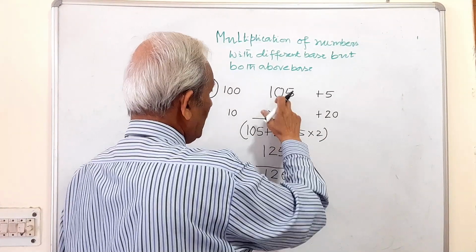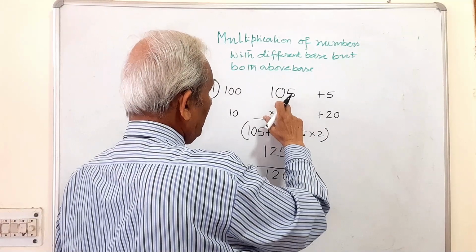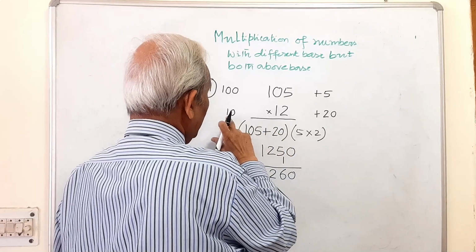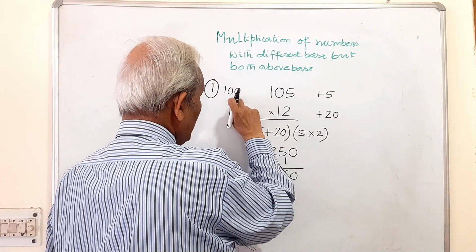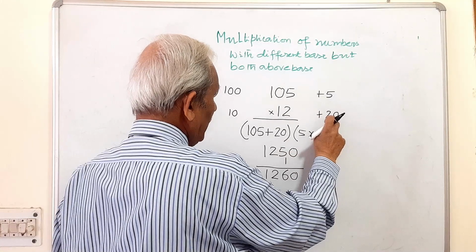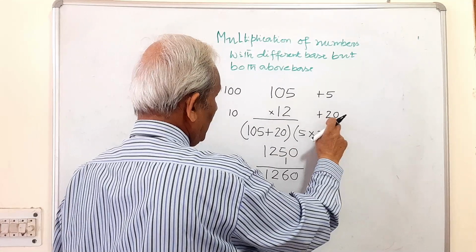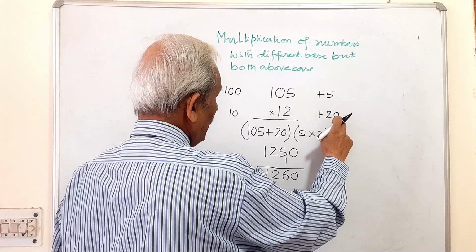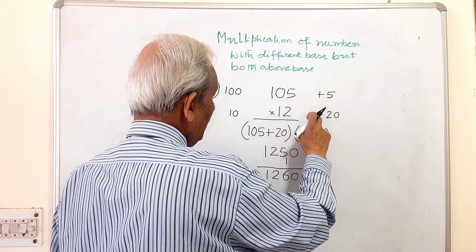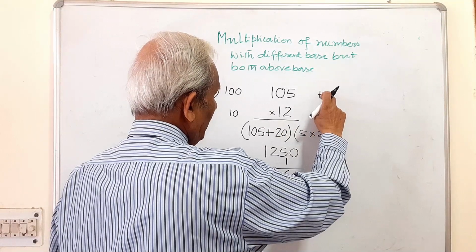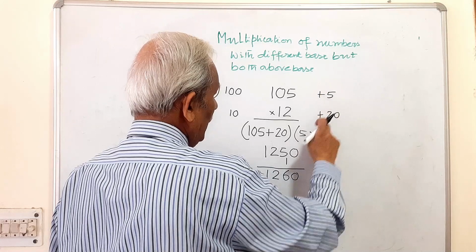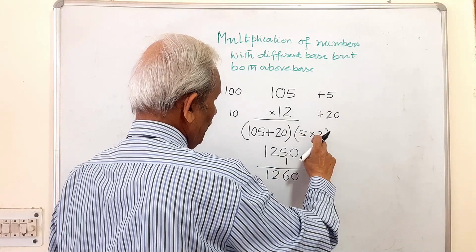Now we'll take the bigger number 105, and we will have to add the difference of zeros. It has got 1 zero more, so we'll add 1 zero here in the difference of the smaller number, so we'll make it 20. Now add this 105 with this 20, and then your original difference was 5 and 2, multiply these two, 5 into 2, right?